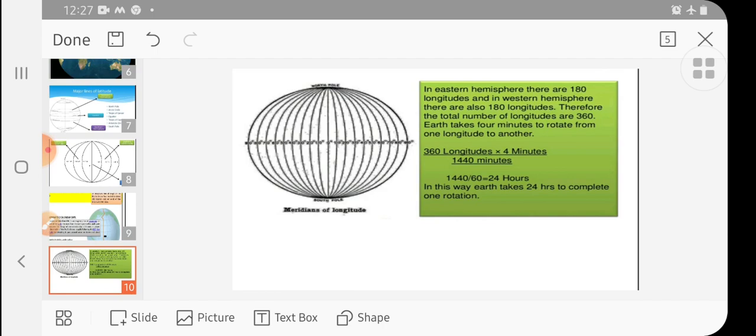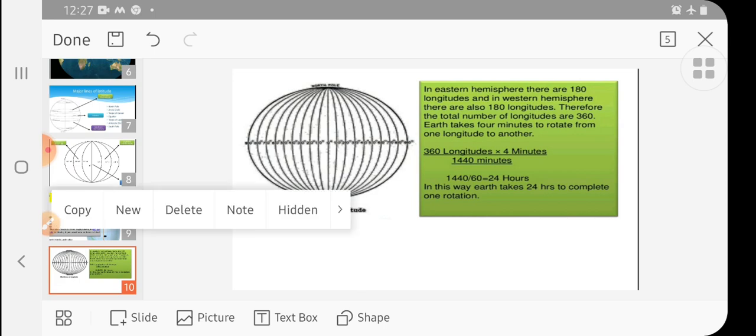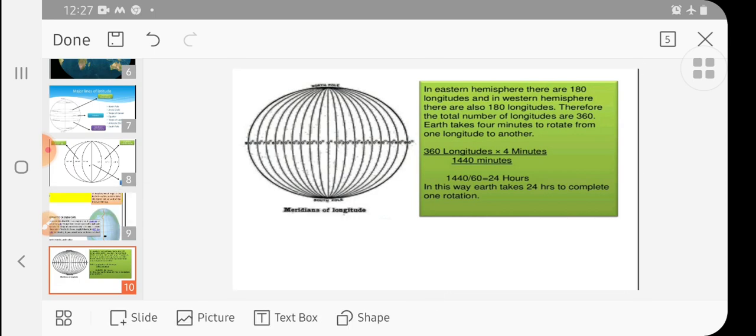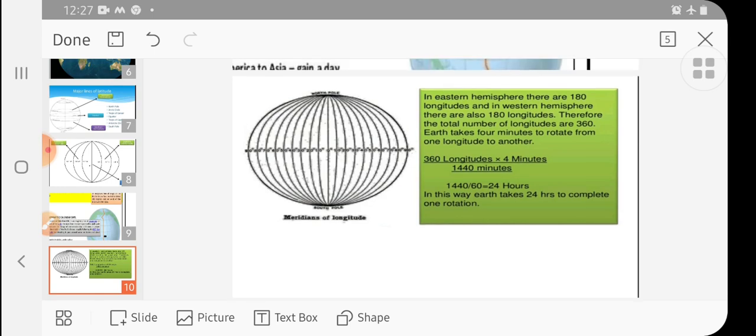And after that, in the eastern hemisphere there are 180 longitudes, and in the western hemisphere there are 180 longitudes. We told this, and therefore the total number of longitudes is 360. I told this, and Earth takes 4 minutes to rotate from one longitude to another. Remember, we have 180 longitudes.